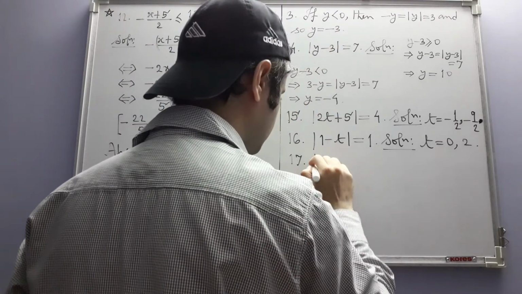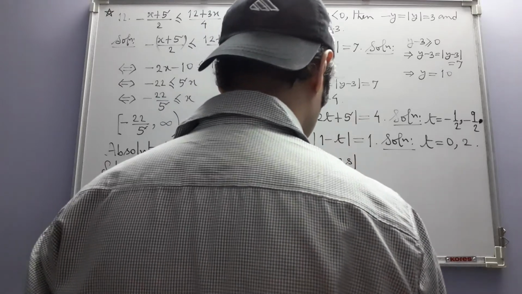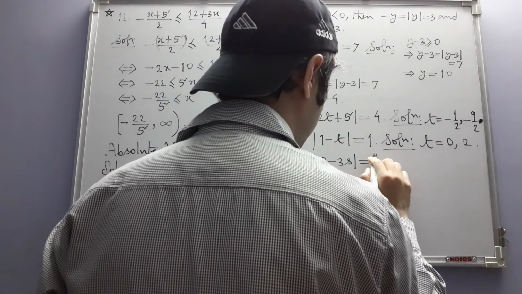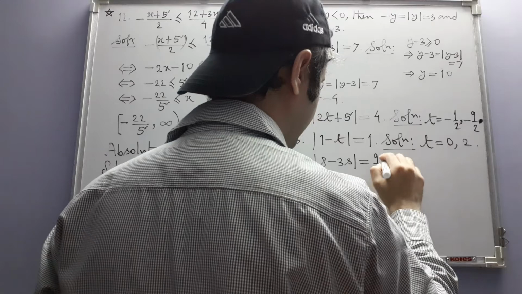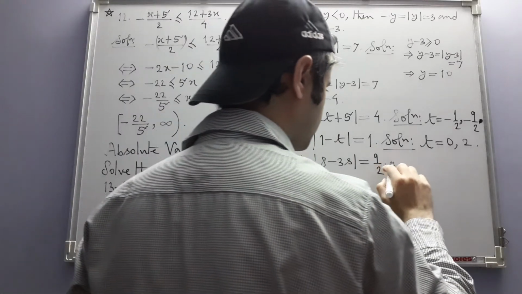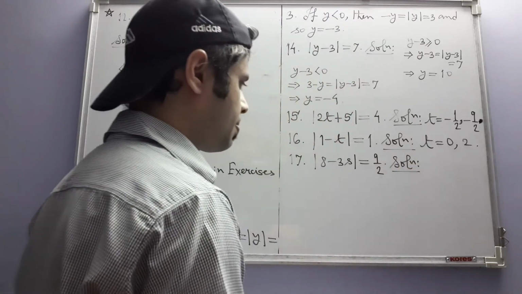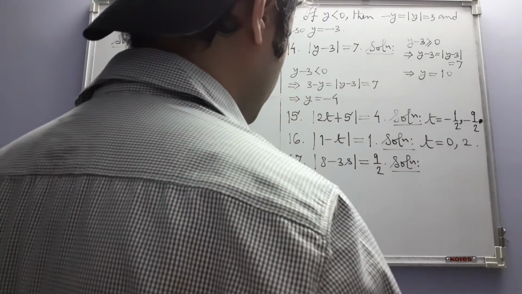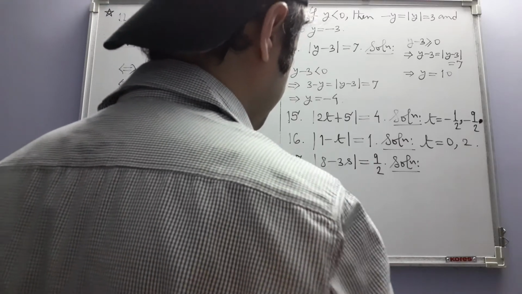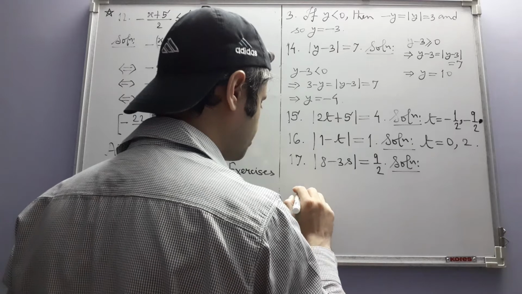17. Absolute value of 8 minus 3s is equal to 9 divided by 2. Okay, for this one, let's just go through the argument.